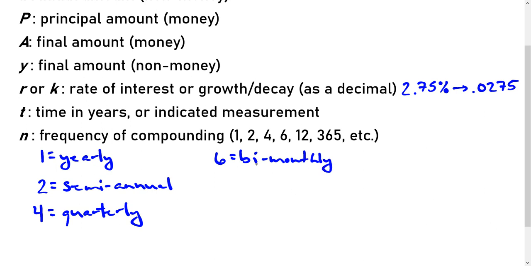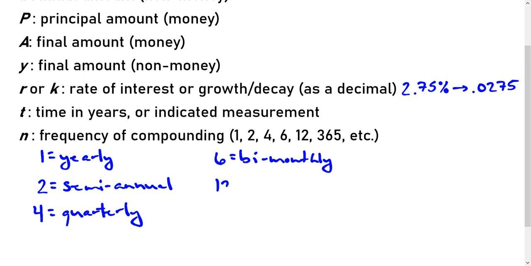So that means every 2 months. You're not really going to see a lot of bi-monthly compounding interest. It doesn't happen very frequently. I just wanted to make sure that we understood that bi-monthly is 6 and not 24. Okay, it's not twice per month. It's every 2 months.